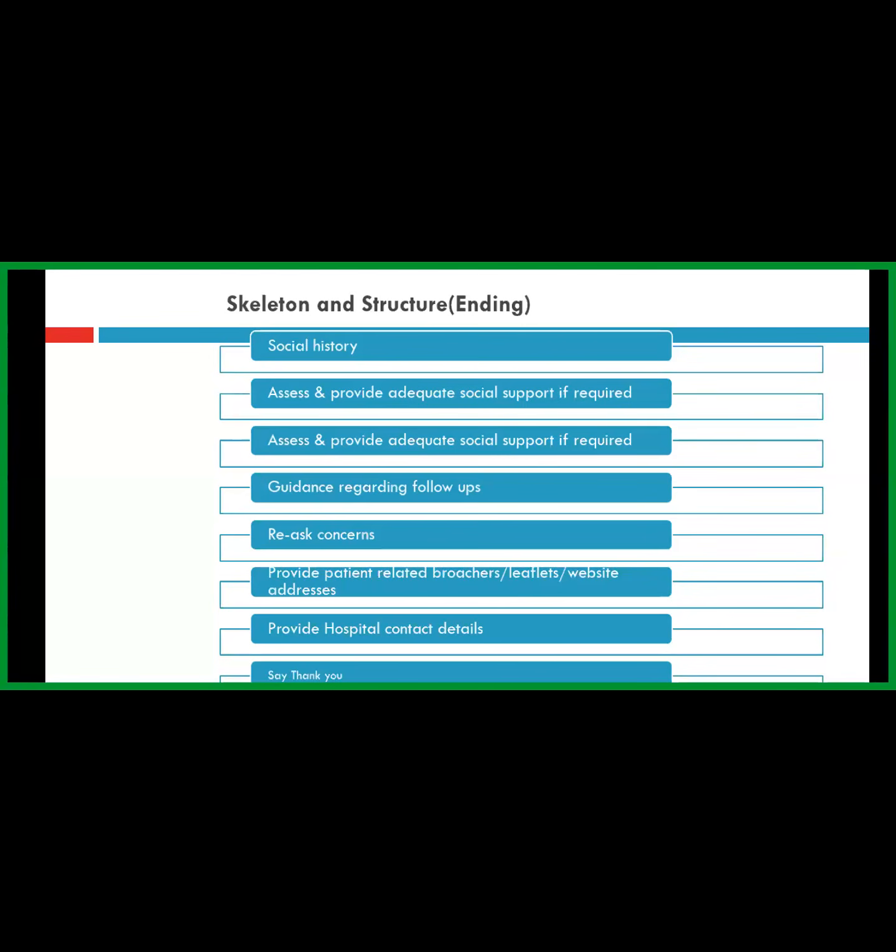Maybe this is the first time you are discussing the disease with the patient, so you have to adequately provide follow-ups, like following regularly with your diabetes doctor, yearly follow-up with the kidney doctor, yearly follow-up with the eye doctor for your eye examination, and yearly follow-up with the foot doctor.